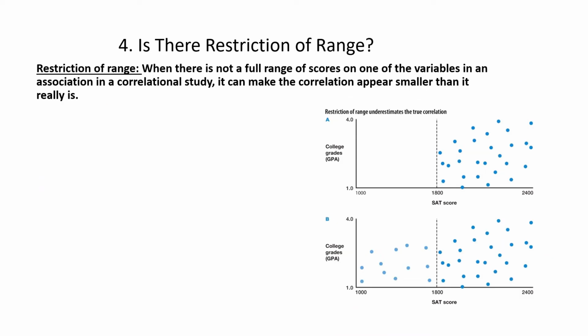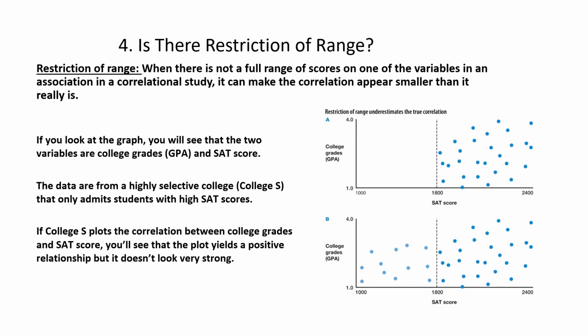The next question, of the 5 questions about correlations, is: is there a restriction of range? Restriction of range is anytime there's not a full range of scores on one of the variables. A good example here is looking at the graph of GPA and SAT scores.